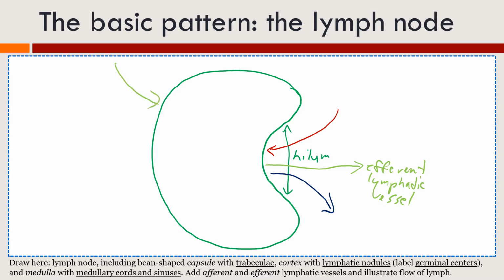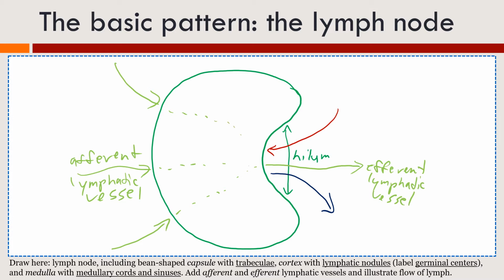And there are afferent lymphatic vessels found all over the rest of the lymph node that bring lymph into the lymph node, and ultimately that lymph travels to this area around the hilum and is drained from in an efferent lymphatic vessel.